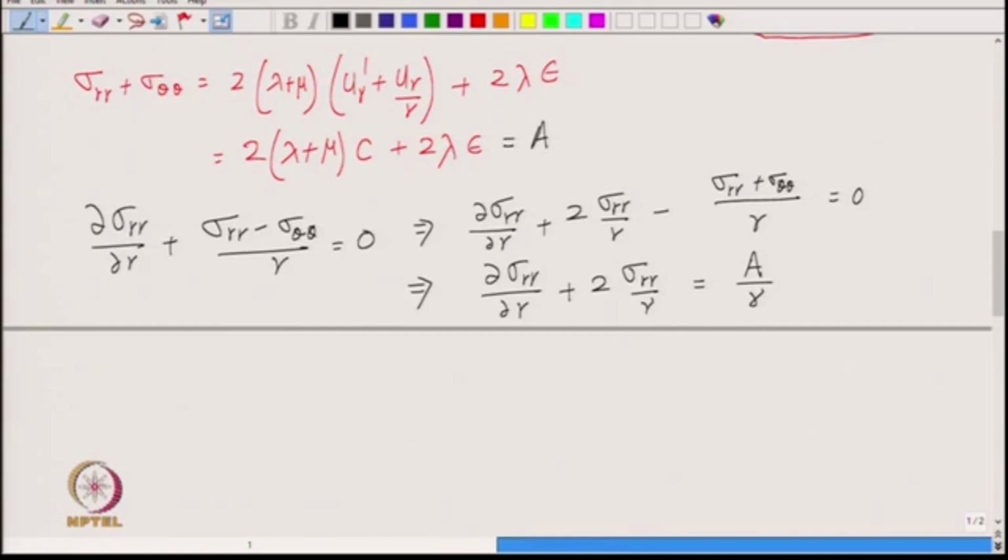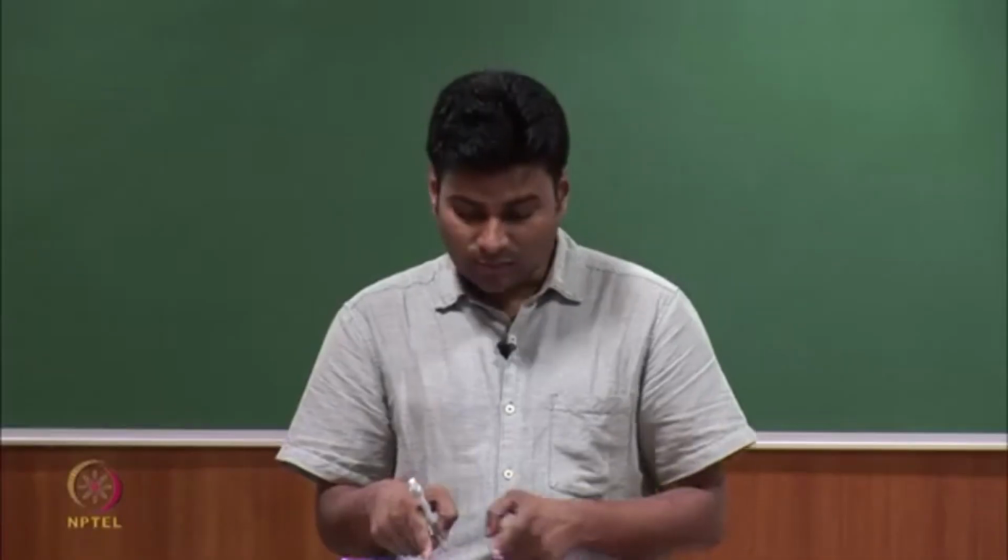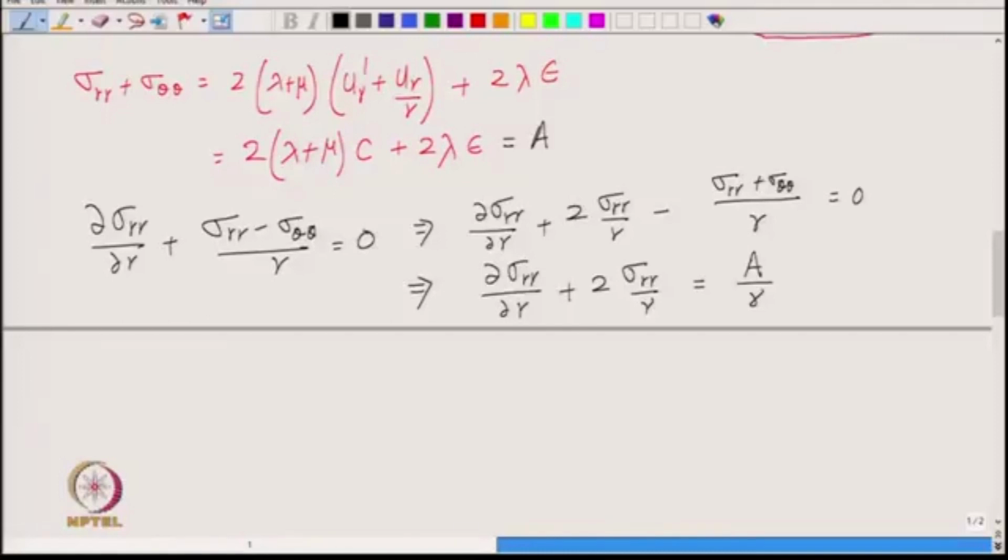It is basically a differential equation with variable coefficient, because you have 2 by r, but you might recall the integrating factor formula. We can use that here to solve this differential equation. The other way is, on the left hand side we have 2 terms, and we can combine them together.